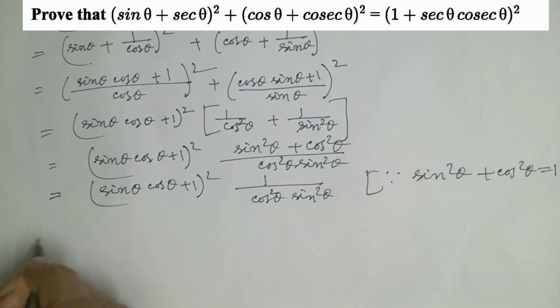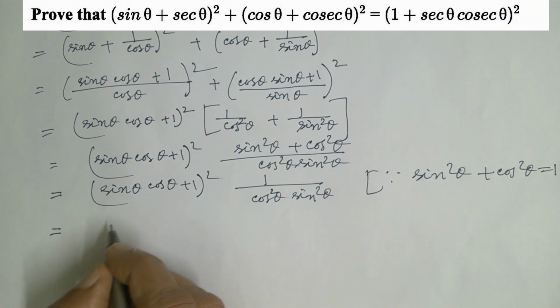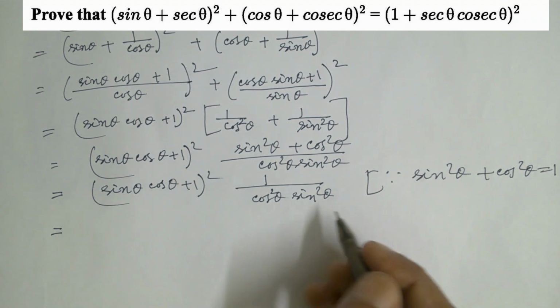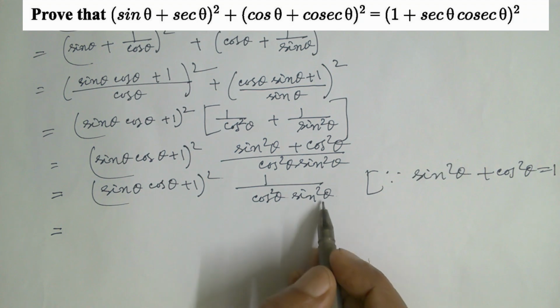So that is equal to 1 by cos square theta sin square theta.